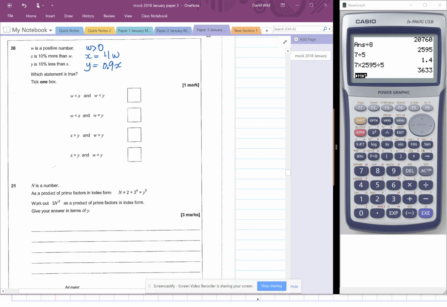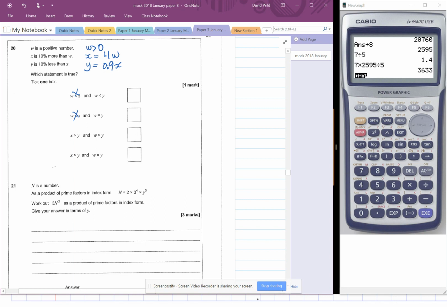So which statement is true? W is less than X. Is that true? Is W less than X? Well, W is greater than 0, and X is more than W. So it's 1.1 lots of W. So X is more than W. So W is definitely not less than X. So these two can't be correct.